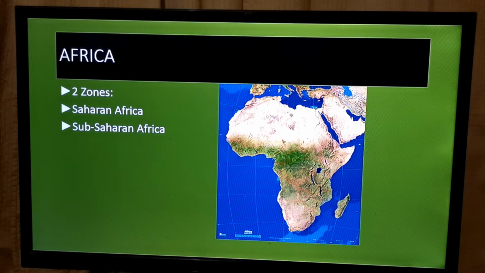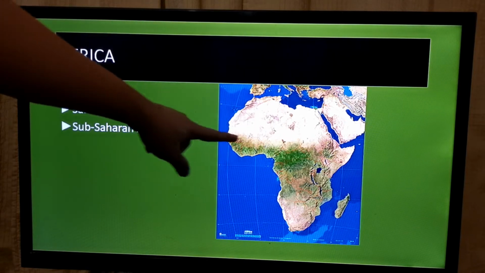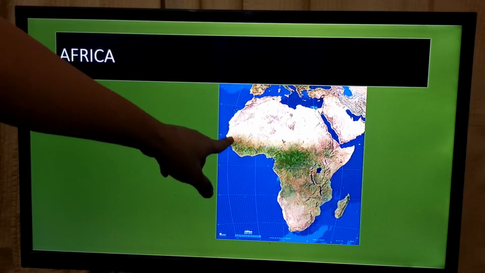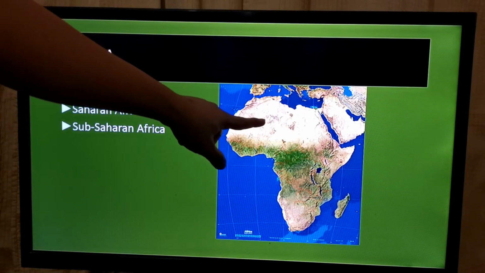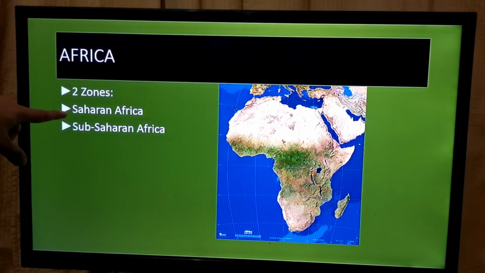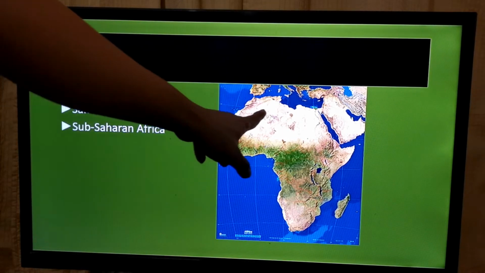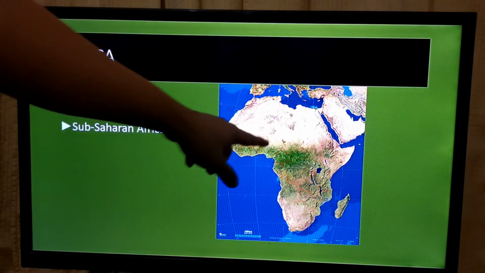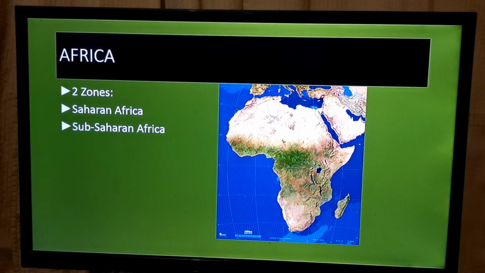So what are the zones in Africa? The northern part of Africa, over here, we have a desert, the Sahara. So we call this Saharan Africa. The countries here have a part of the Sahara in their territory, and so they are called Saharan Africa.